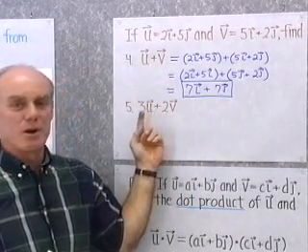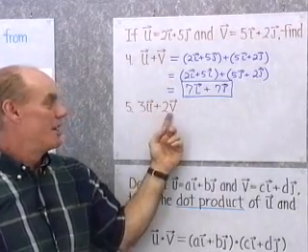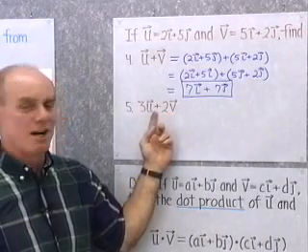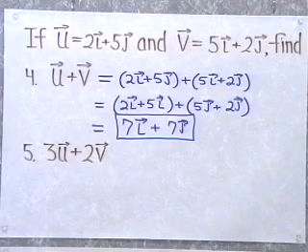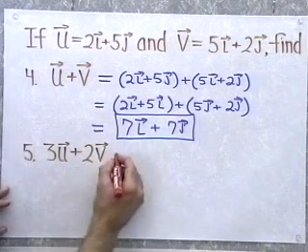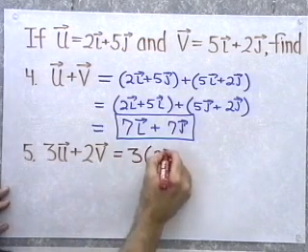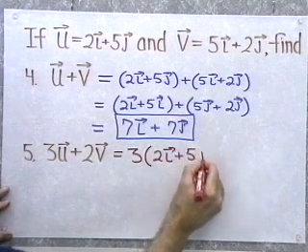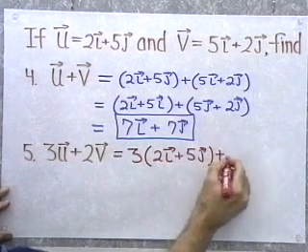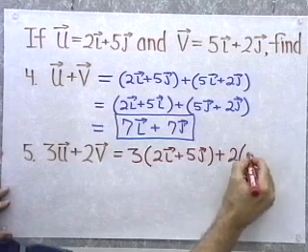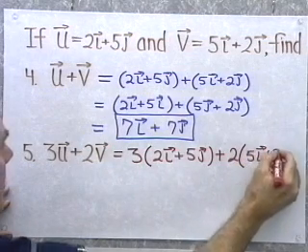Now the next problem I want to do, I want to multiply u by 3 and v by 2 and find that sum. So let's take a look at it. So 3u plus 2v. So this is going to be 3 times u, which is 2i plus 5j, plus 2 times v, which is 5i plus 2j.